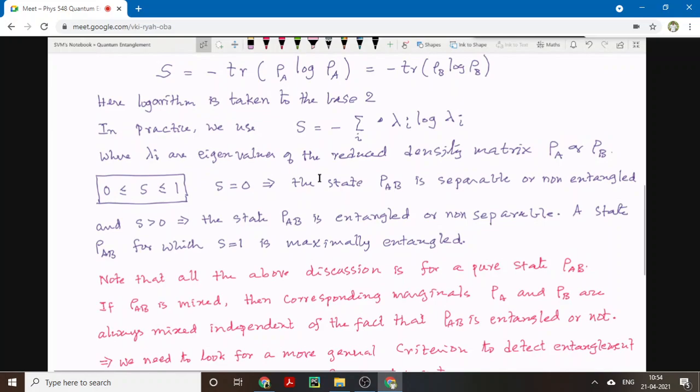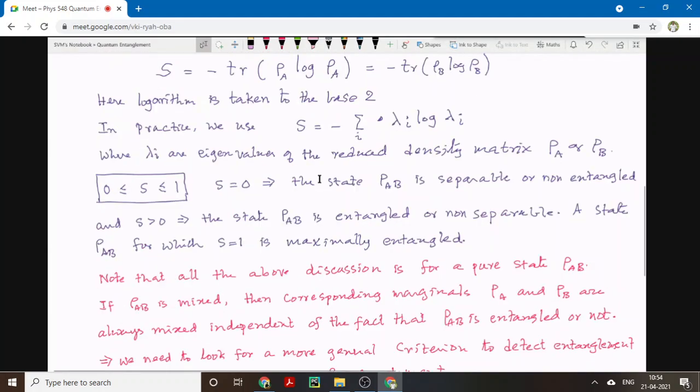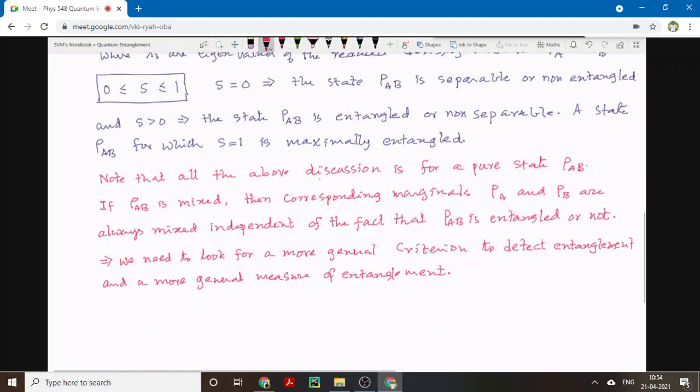But before going to look for a more general method, let us see what we can do with the pure states itself. So let us not go to mixed states immediately. Let us work with the pure states for some more time and see what more can be done.